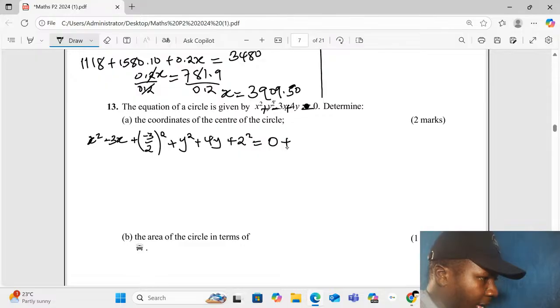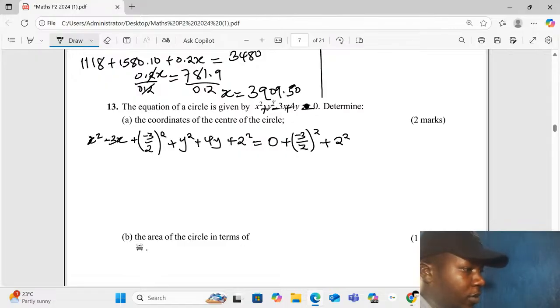Now 0 plus negative 3/2 squared, then plus 2 squared.